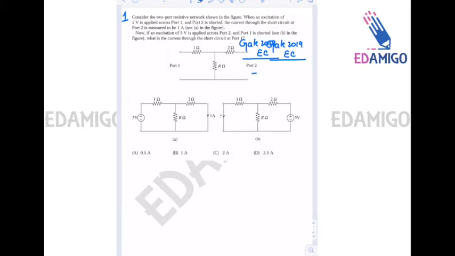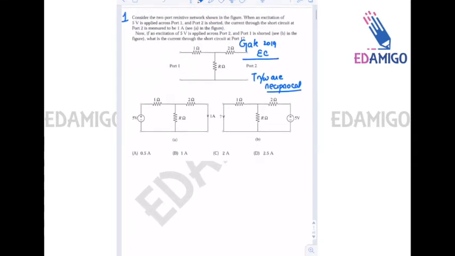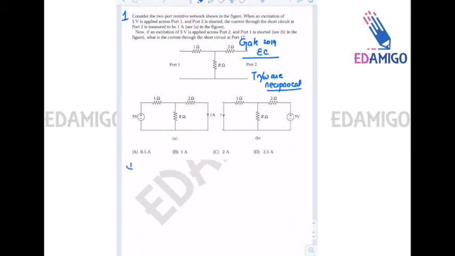As we know, T networks are always reciprocal. And what is the meaning of reciprocal? Let me define reciprocity.